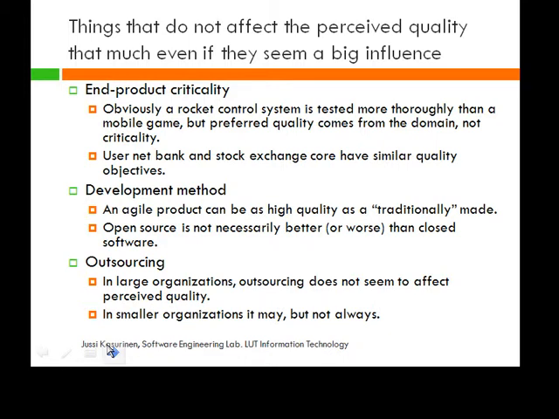The development method also was observed to be a non-issue. An agile product can be as high quality as a traditionally made one, meaning that the development method actually has a really small role in a test process, in the sense that the test process can be organized almost independently from the development.